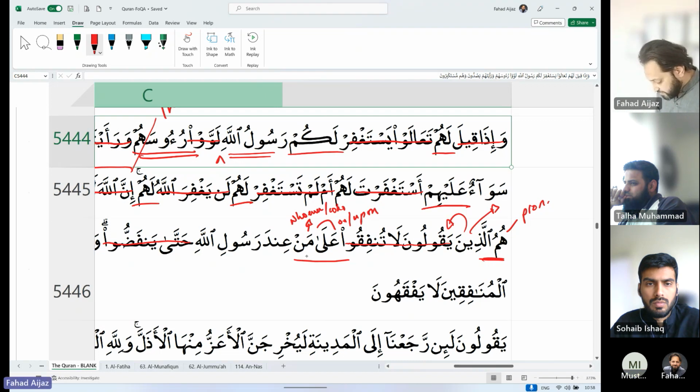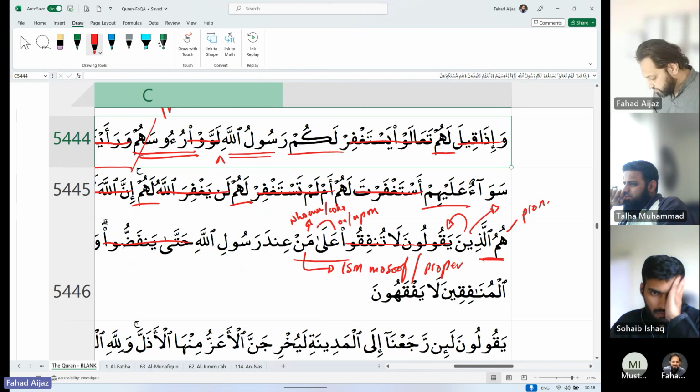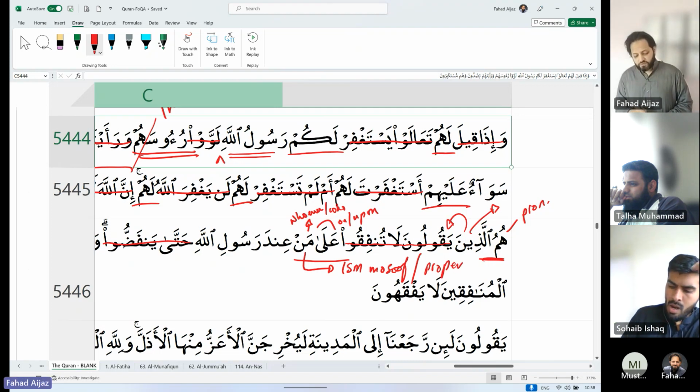Now, man is also an ism mausul. I don't expect you to remember this, but I'm just telling you. And it's usually always proper. Ism mausuls are always proper. When things are always proper, they do not normally come as a mudaf.